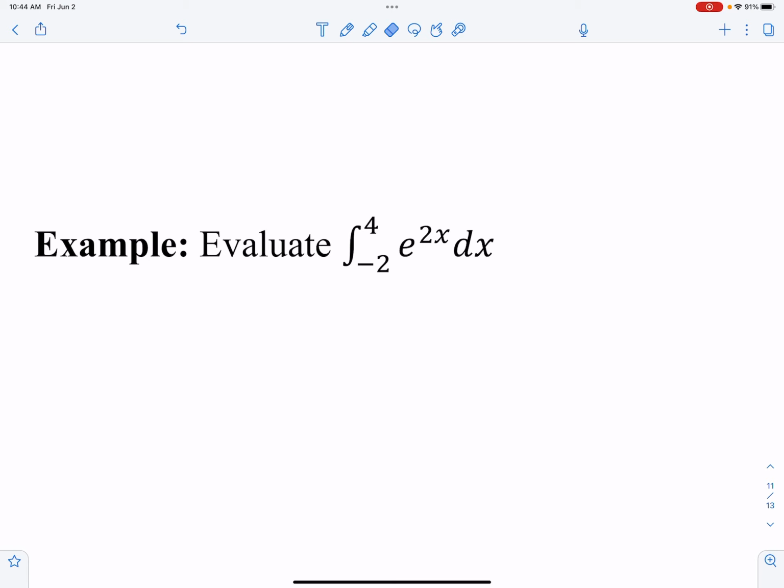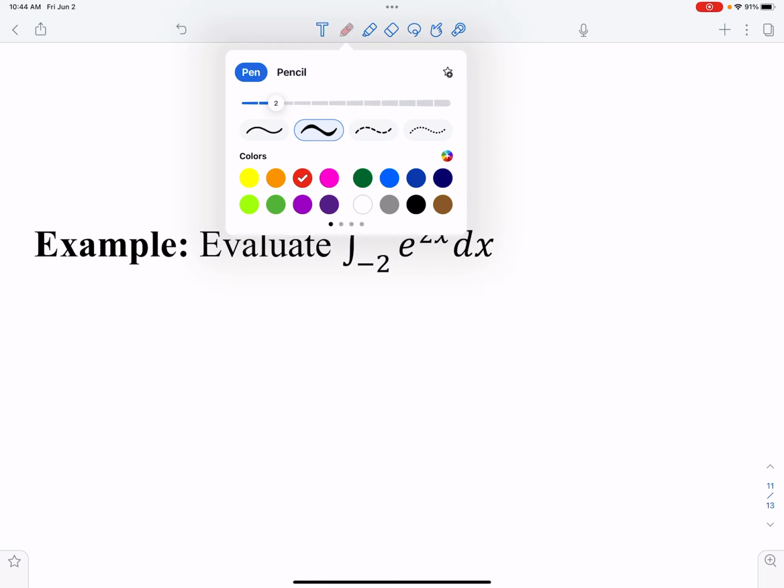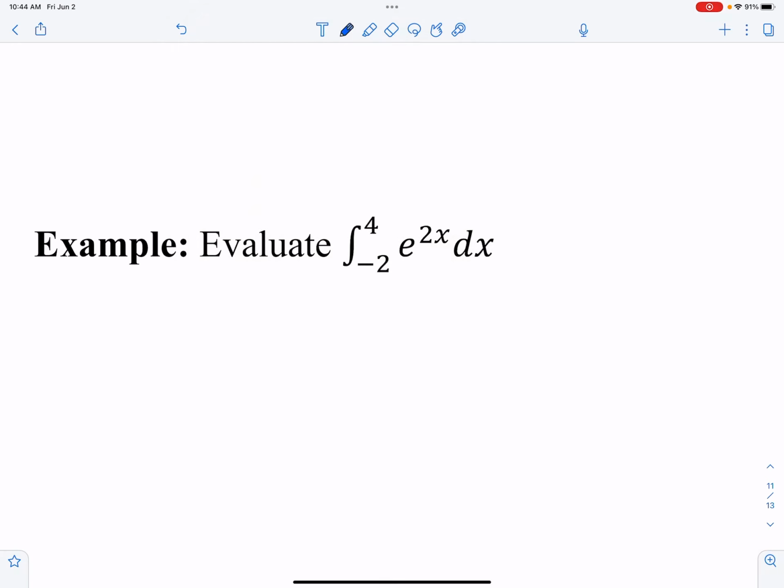So when we do this, we're actually going to have to find new limits of integration for our integral that's in terms of u. We would want to let u equal 2x. So du over dx would be 2. So replacing dx, du over 2 is equal to dx.